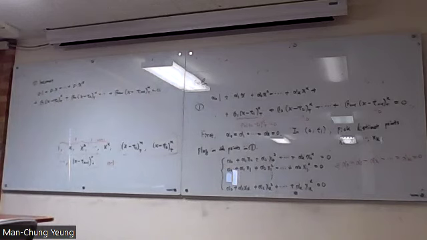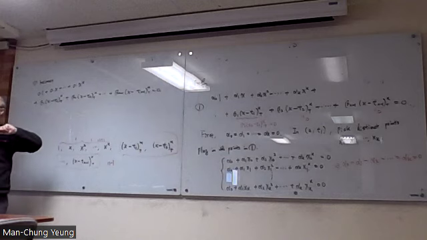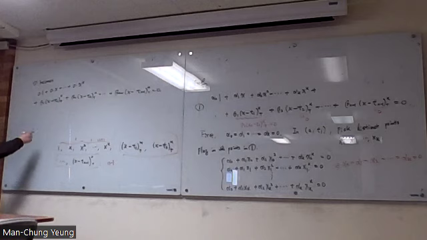Now next, I prove all the betas must be 0. Now this time, easy. How?